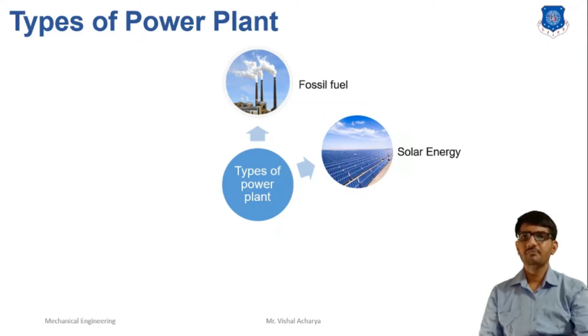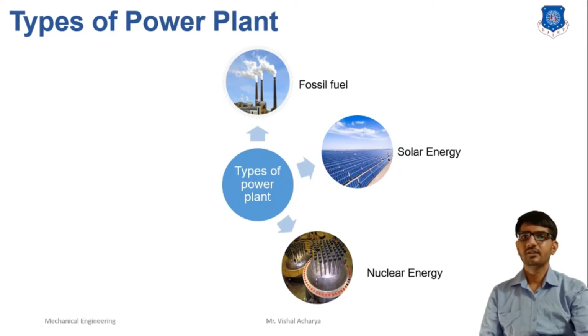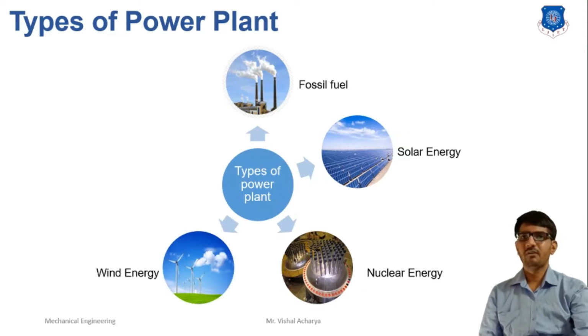Our next power plant is the nuclear power plant. In a nuclear power plant, we use fission energy for producing electricity. Our next is the wind-based power plant. In a wind-based power plant, we use wind force on the blades. The blades are attached to the turbine rotor.